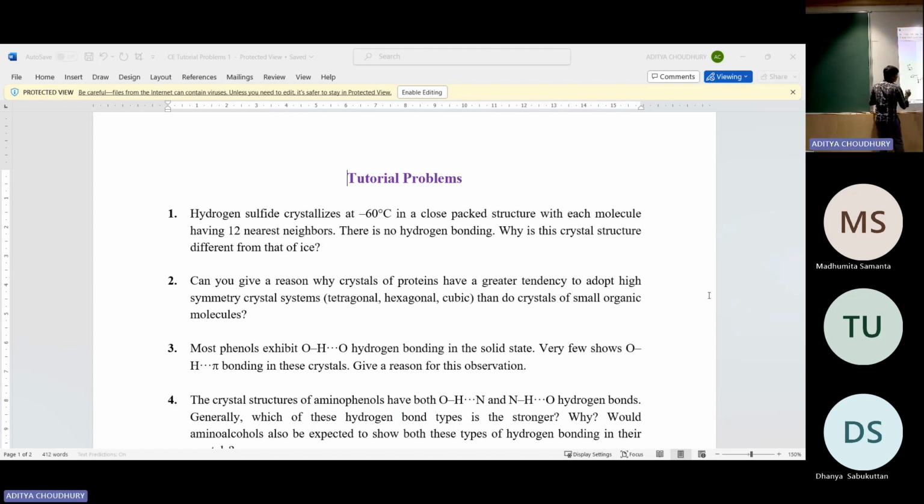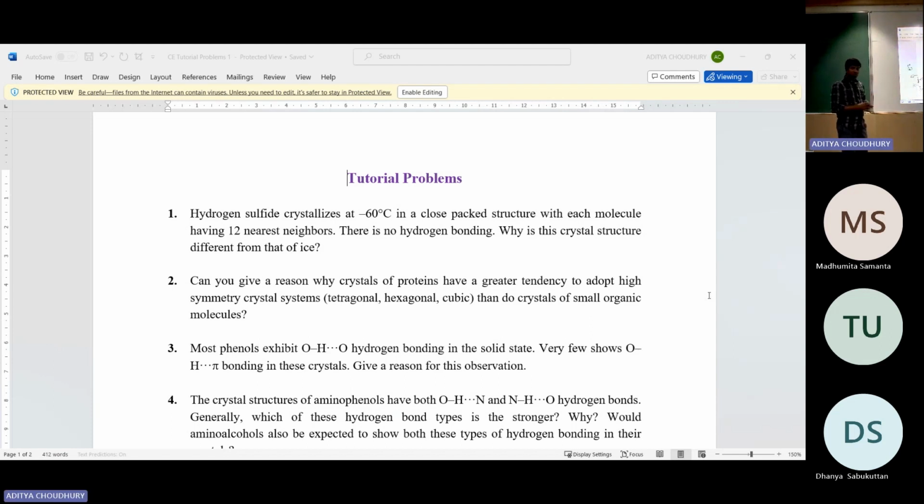Let's look at this from one perspective. Meanwhile, it can also form an OH pi interaction with the pi system. Which one is more dominant, and why?